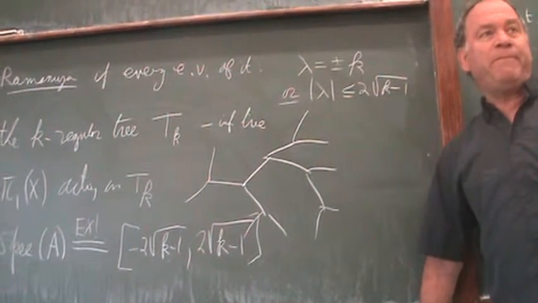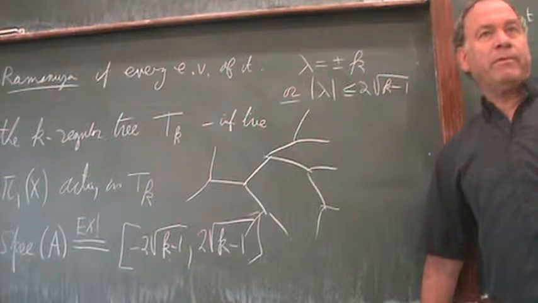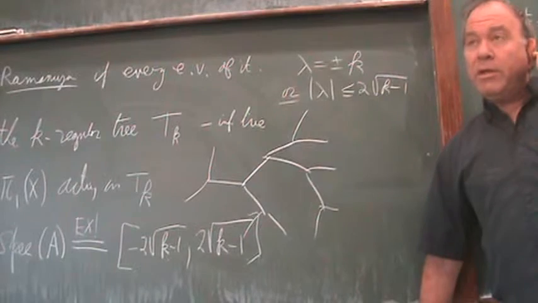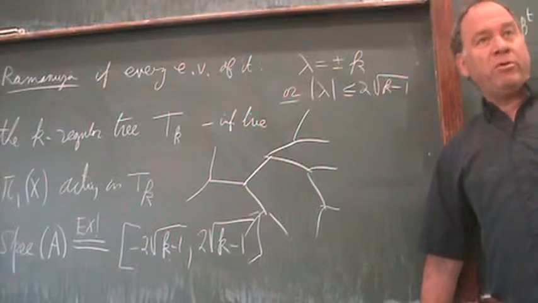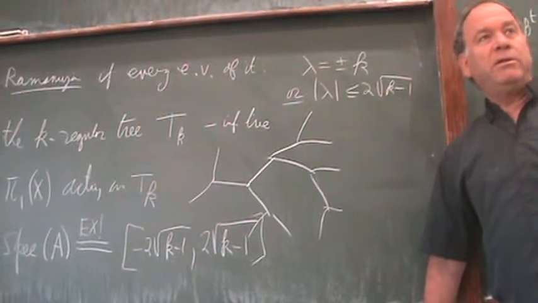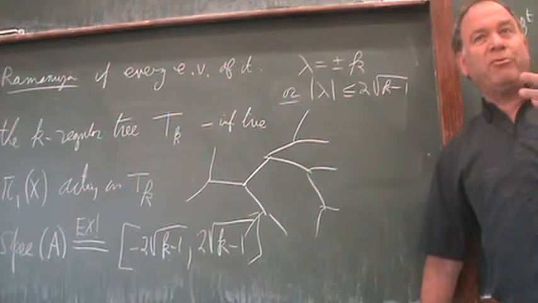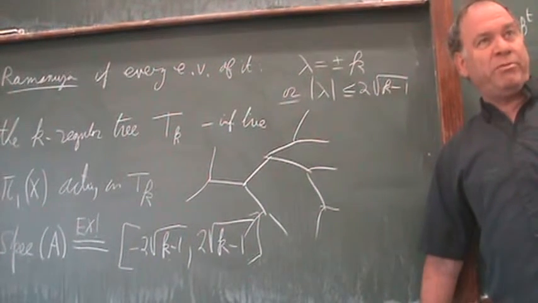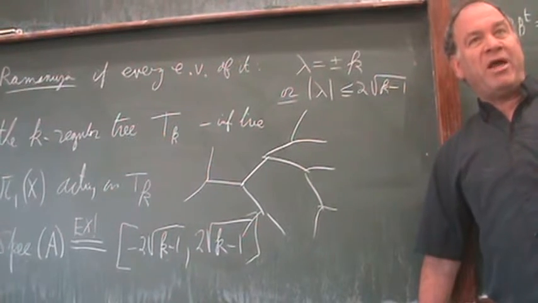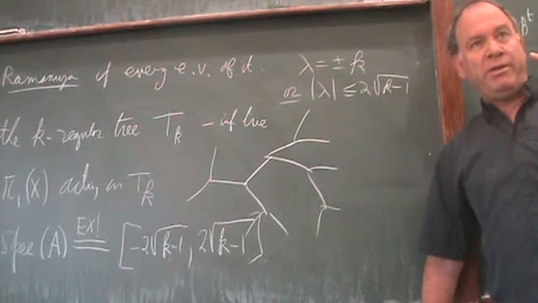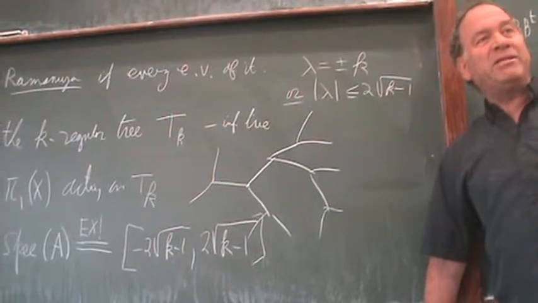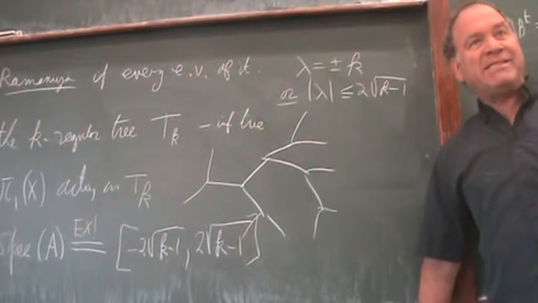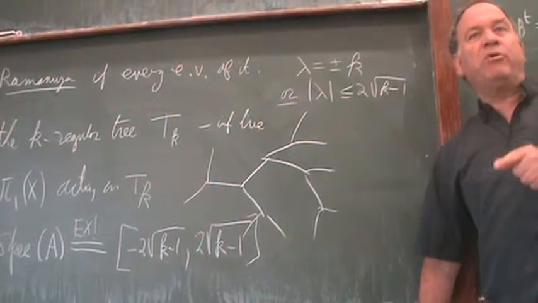What was the graph? The complete graph. Or better and more interesting, the lines versus points of the projective plane. We did some computation, right? The largest eigenvalue was q plus 1, and the others were square root of q, which means that they are less than 2 square root of q.